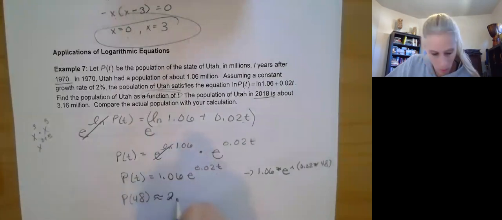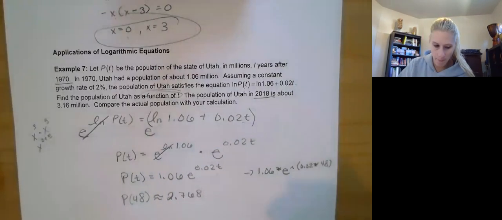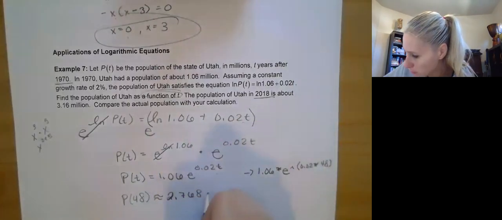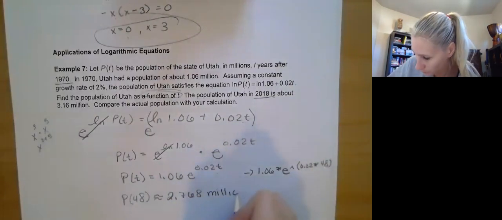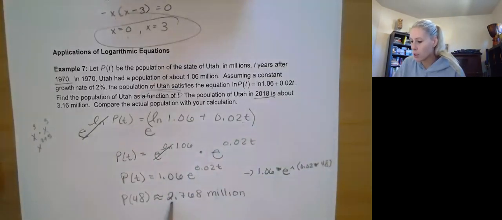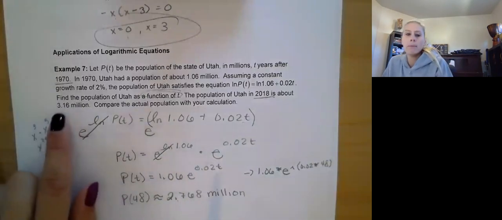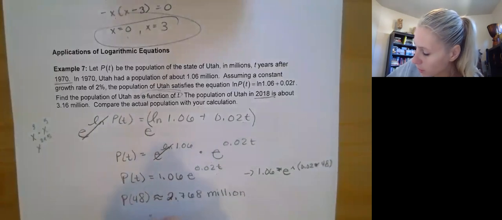And when we come out with this, we get 2.768. Now, what does that represent? That represents millions of people, right? So if we think about this, this is 2.7, but they said it's about 3.16. So what happened here? It's an underestimate.